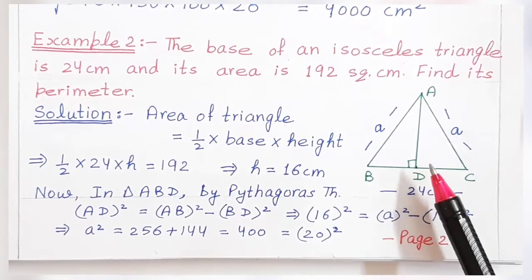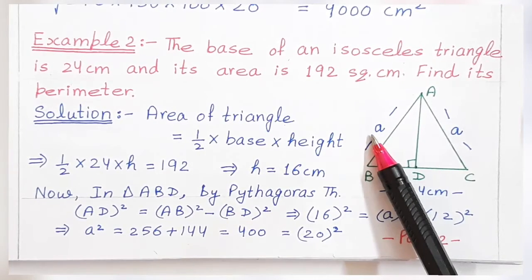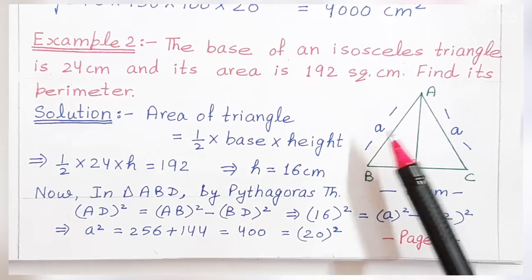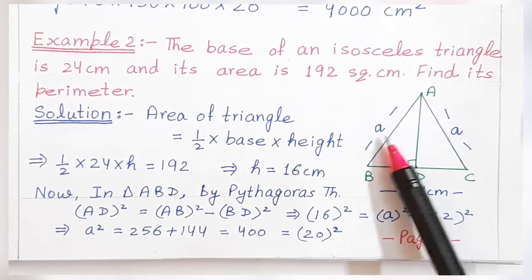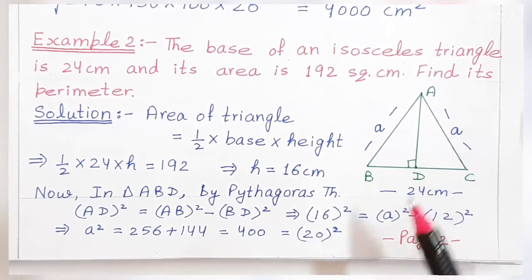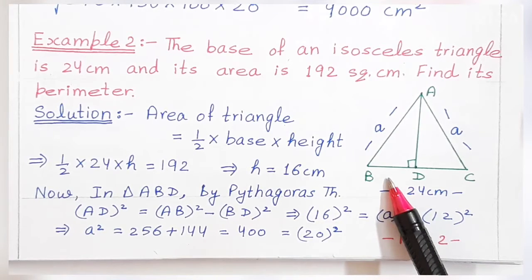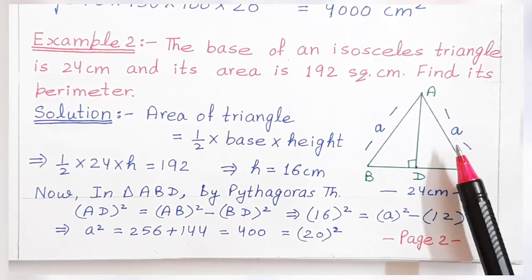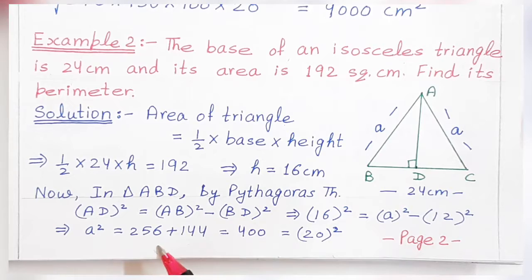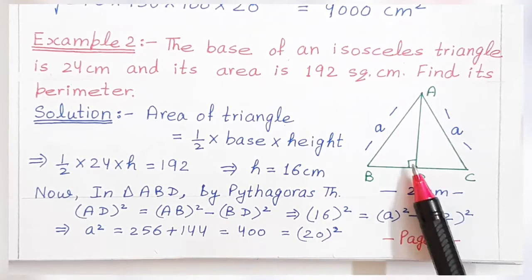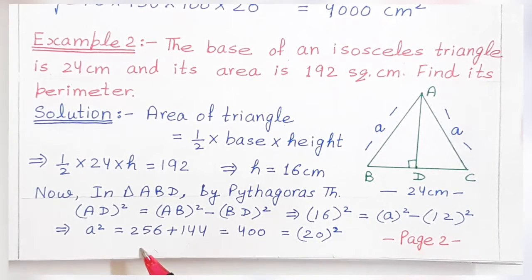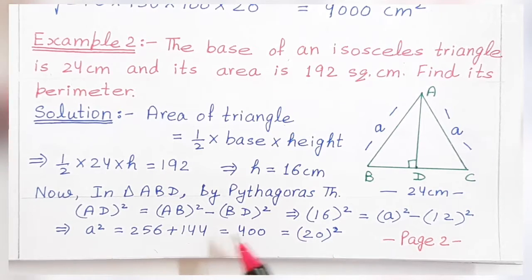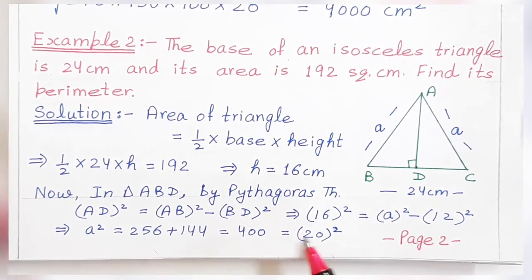So by using Pythagoras theorem, A square will be equal to what? That will be equal to 16 square plus 12 square. Clear? So that means, now what is 16 square? That is 256 and 12 square is 144. So 256 plus 144 is 400. So that means the value of A is 20.